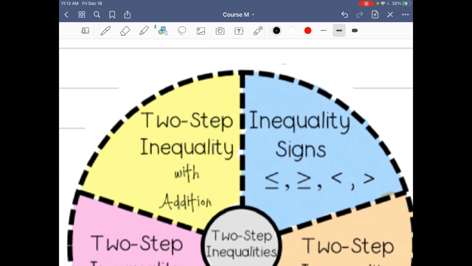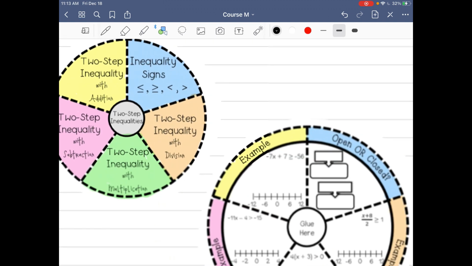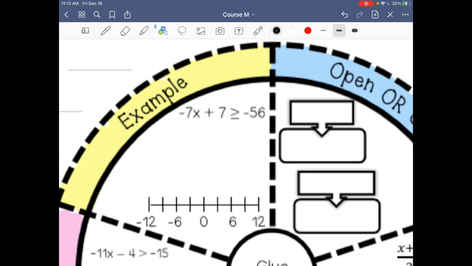Alright, I want to start with this section. This is a two-step inequality with addition. So for me, on example, that is yellow. And we want to, of course, draw the power T and start moving pieces around.